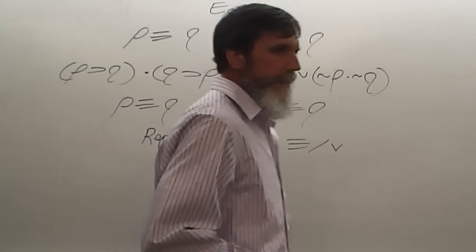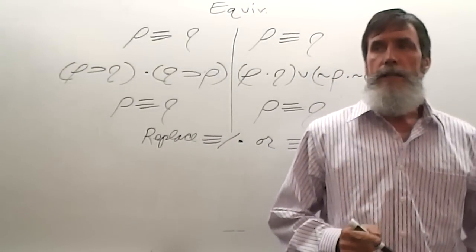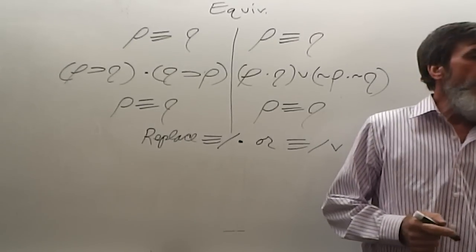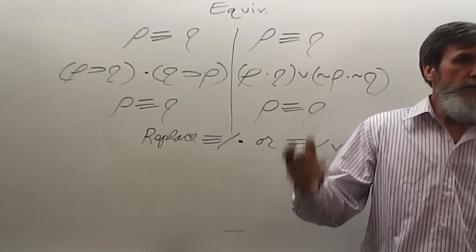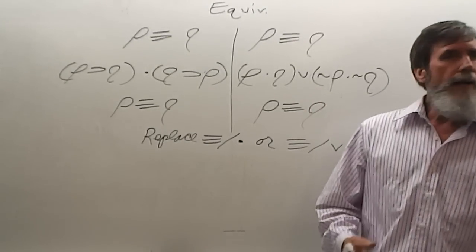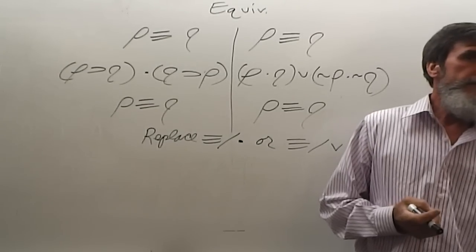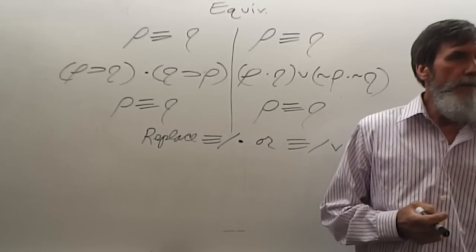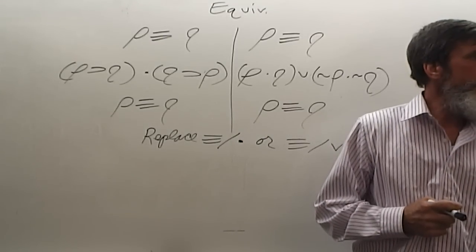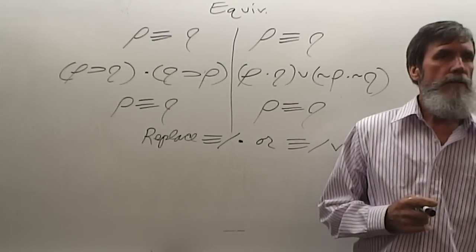Let me tell you something about material equivalence. You'll notice that none of our first 9 rules of inference, modus ponens, modus tollens, all that stuff, none of them specifically use a tribar, right? There could be one in there, but the rules themselves don't involve tribars.